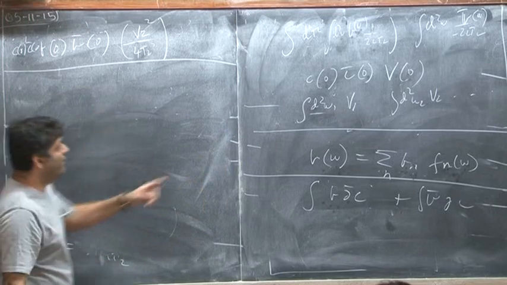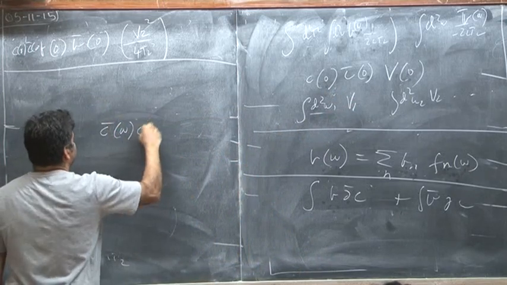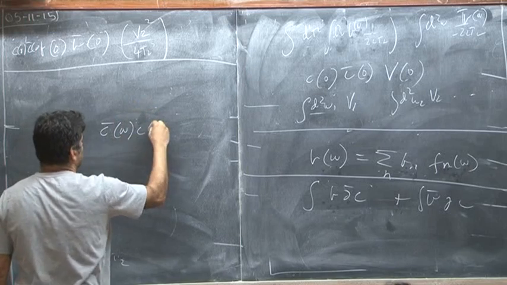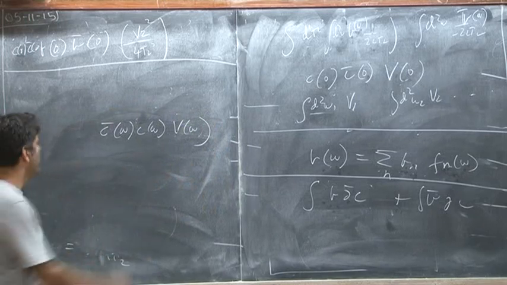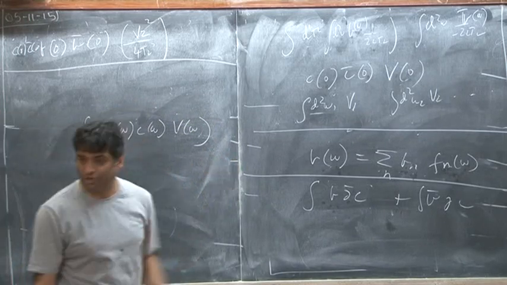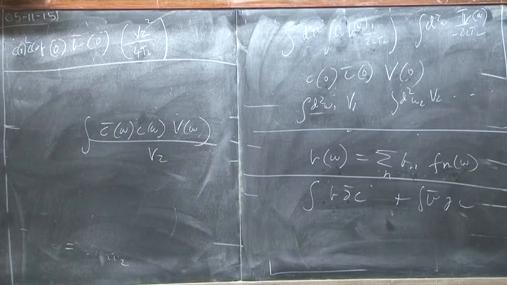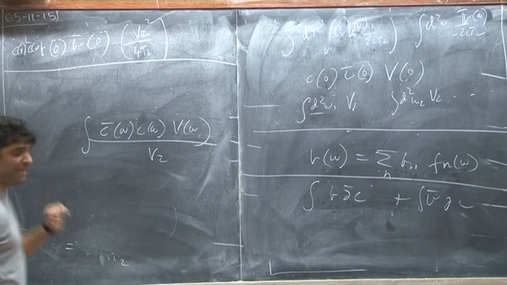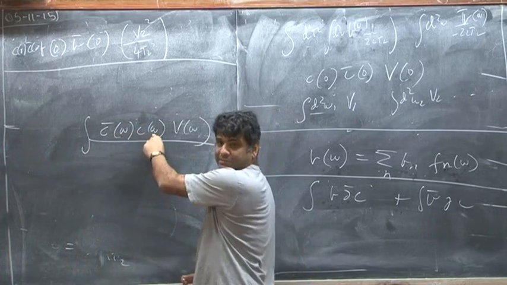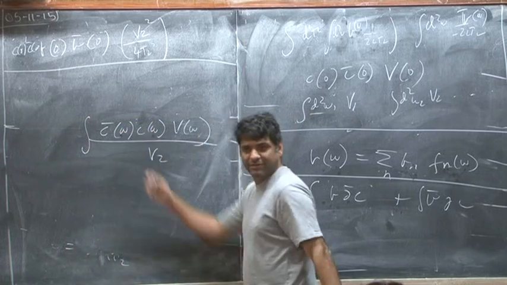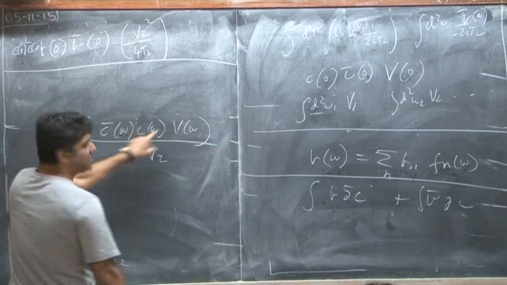You see, the fixed vertex operator, we could have inserted c bar of w, c of w times v of w at any point. We could then have integrated this over the volume of the torus, dividing by V2. Okay? We could have done that. Now, because by an independent argument, namely the constancy of the C0 modes, this is independent of w, this could just be replaced by C of 0, C bar of 0.